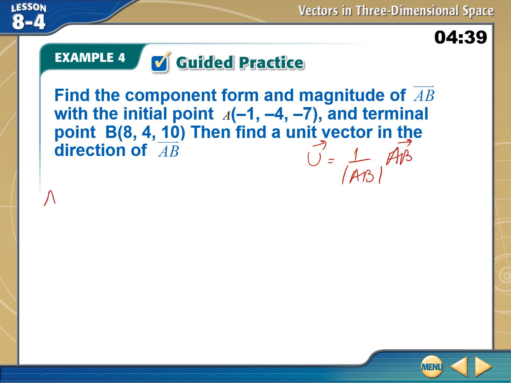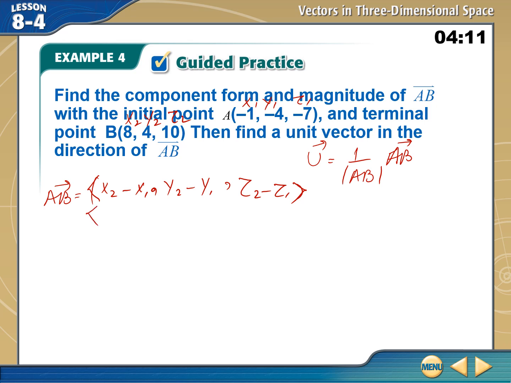So let's try to find out the components of AB by naming the A coordinates as x1, y1 and z1, and the B coordinates as x2, y2 and z2. So the formula of the component form is x2 minus x1, y2 minus y1 and z2 minus z1. Now put them in the formula.